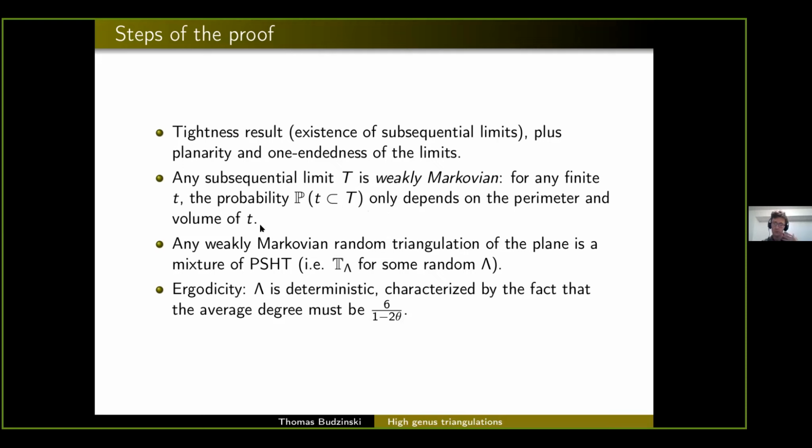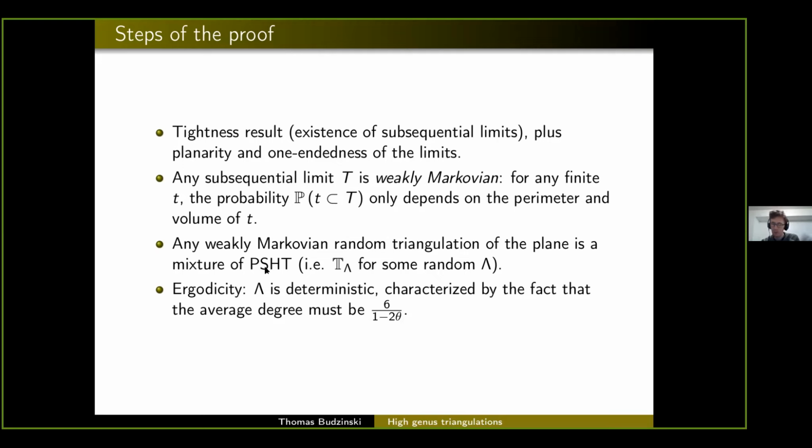So this property passes to the limit, which means that any subsequential limit also has to be weakly Markovian. So if I consider a subsequential limit of uniform finite triangulations, it must have this property that the probability to observe a certain neighborhood of the root only depends on the perimeter and the volume. And what we proved is that if we have an infinite weakly Markovian triangulation of the plane, then it's not necessarily a PSHT.